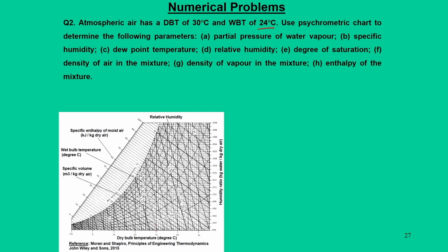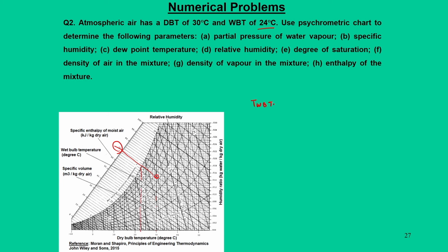So, we go along this and it cuts 24 degree, 21, 22, 23, somewhere here, 70. So, that point, if you draw this, we will have enthalpy close to 70, which we have already found in our analytical expressions.